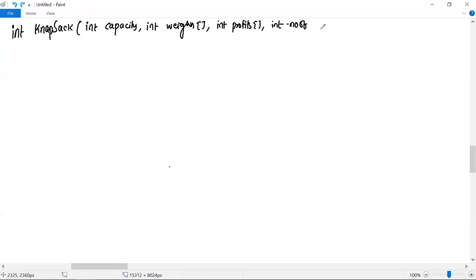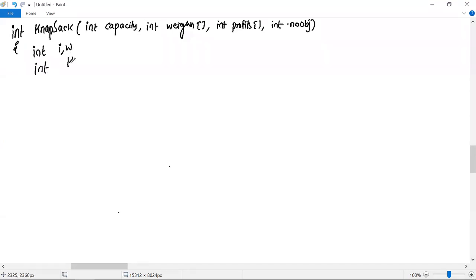You can write NOPJ, simply number of objects. Now, what is the first step I need to do? Int I comma W. I is current location of the object and W is the current capacity, right?